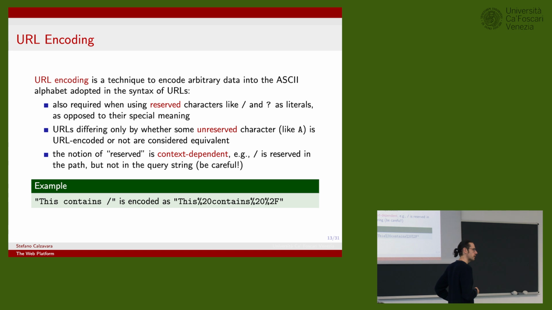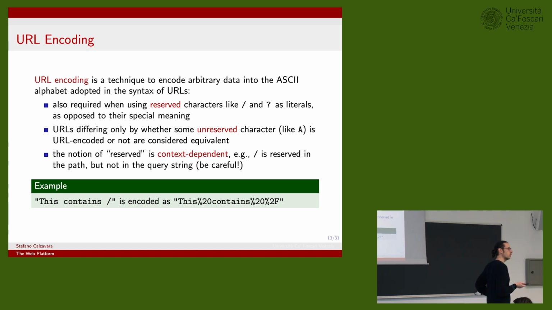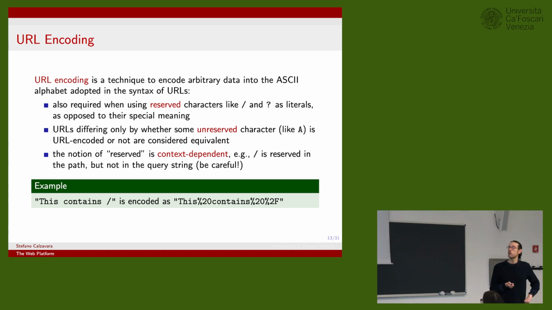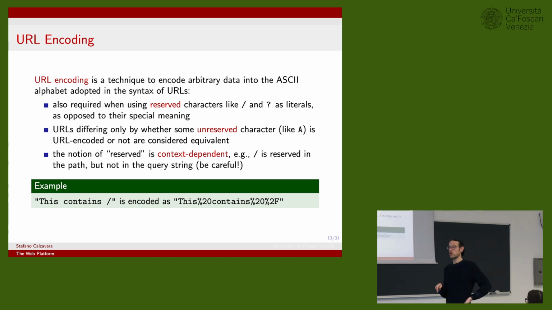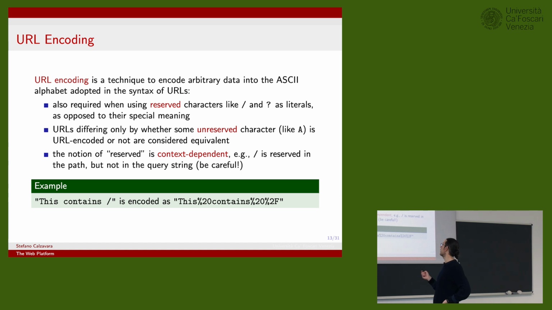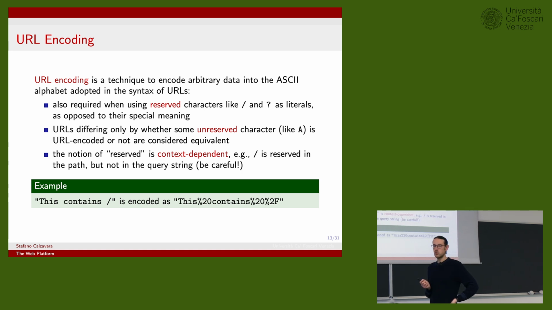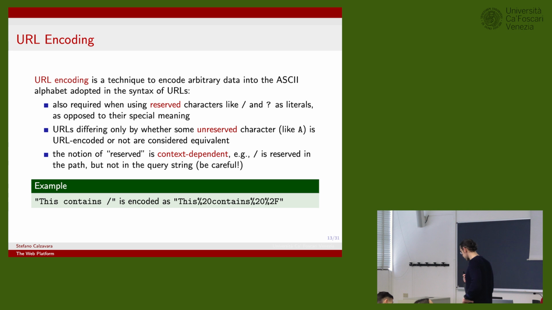The question mark is the separator used to denote the query string. If you ever want to use these symbols with their literal meaning, as characters with no specific semantics, you can do that using URL encoding.